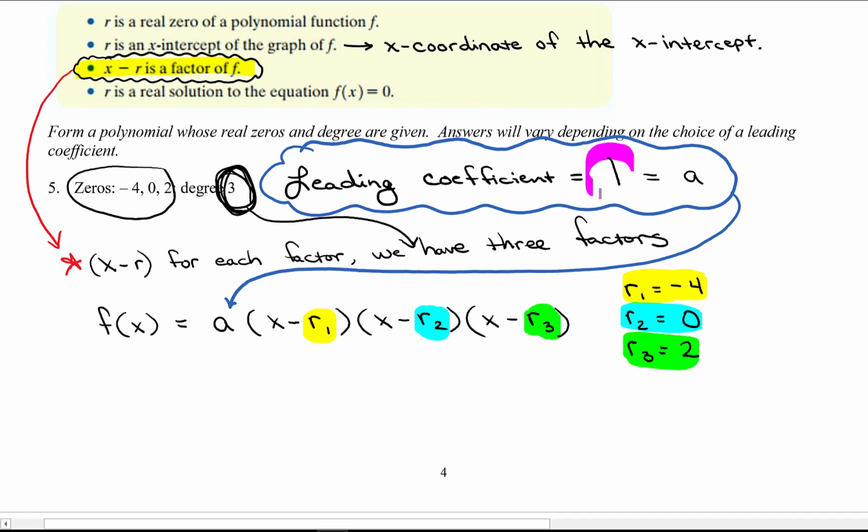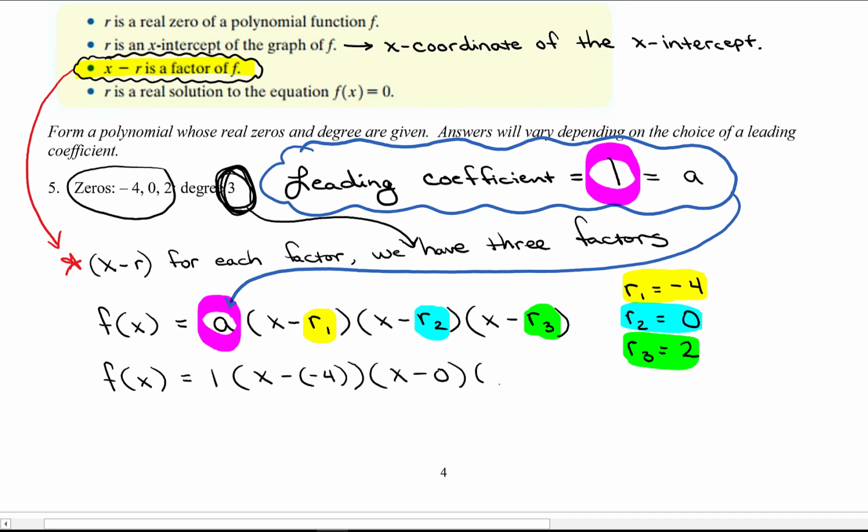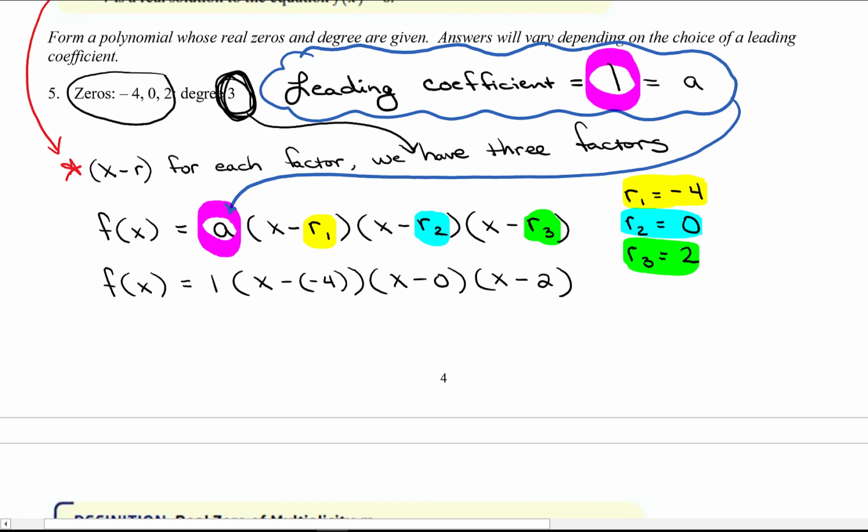Now we substitute all of this in for each one of these. So f of x is equal to, instead of a, 1 times x minus negative 4 times x minus 0 times x minus 2. Let's simplify this a little bit. I don't need to write down that 1.